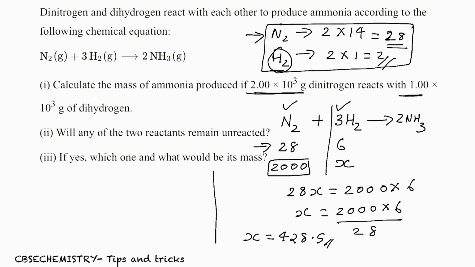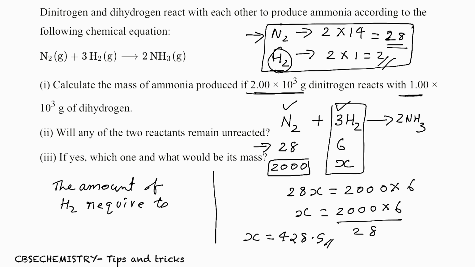So what is X actually? We can define X as the amount of hydrogen required to react with 2000 gram of N2. That value is 428.5. So 428.5 gram of hydrogen is required to react completely with 2000 gram of dinitrogen. This is the requirement.